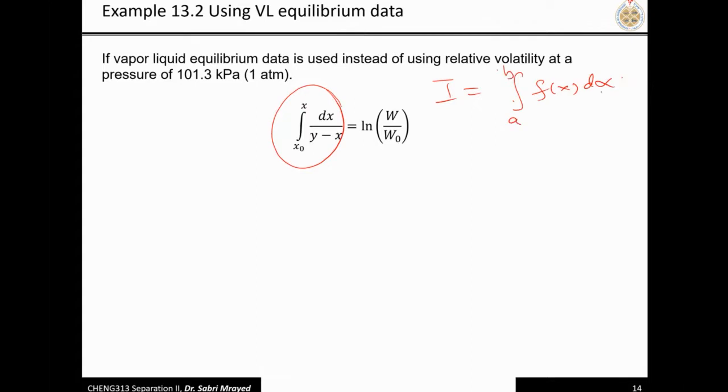This one is representing what? What is this from calculus? What is this term?